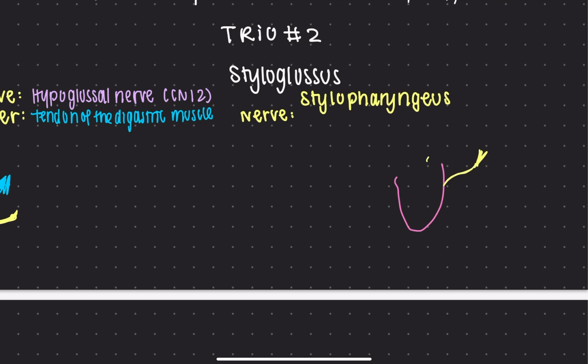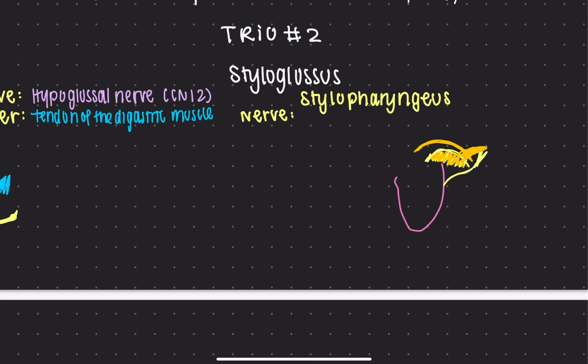And then you're going to have the palatoglossus, which is behind the palatoglossal arch. So I'm just going to pretend like that's behind. But that's important because there's a stylopharyngeus, which is from the styloid to the palatopharyngeal arch. So it's going to go to the back here, the stylopharyngeus.